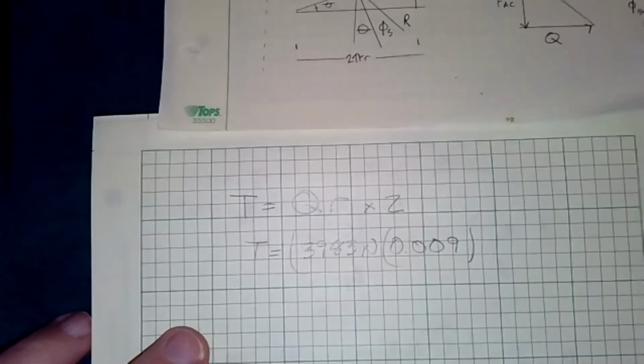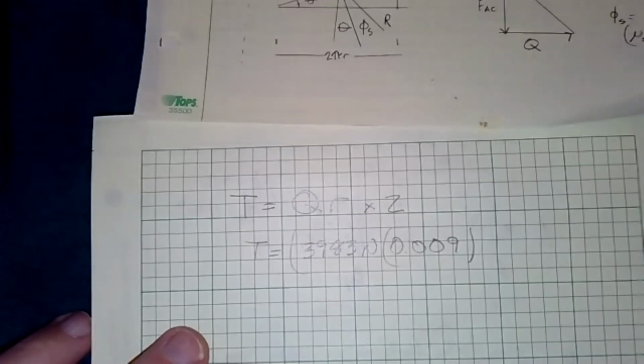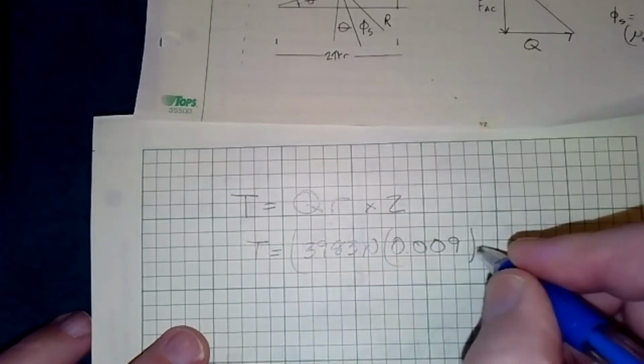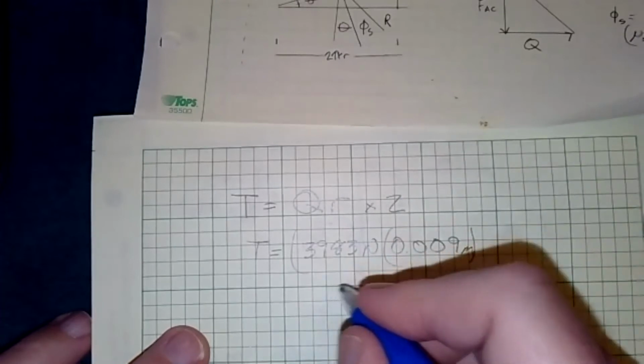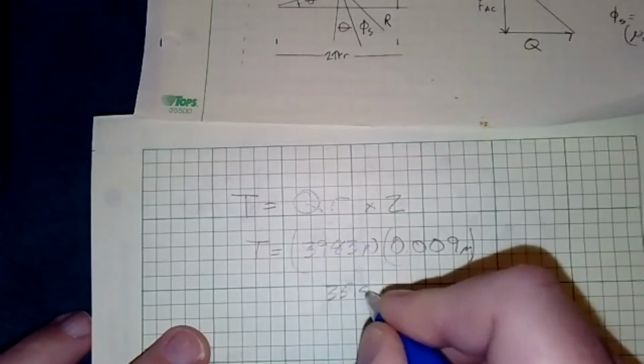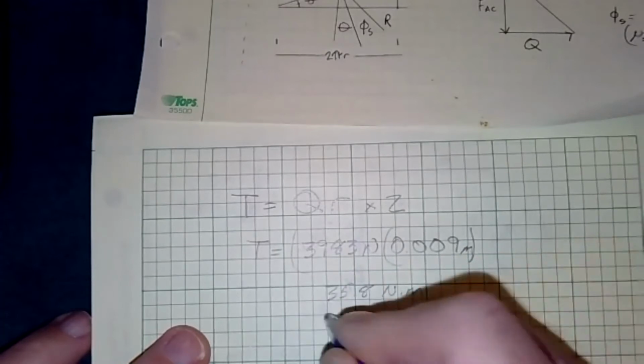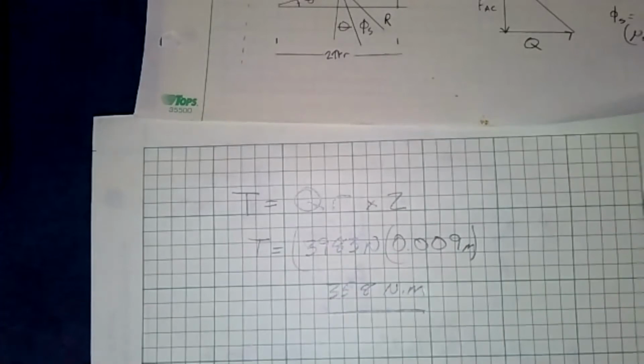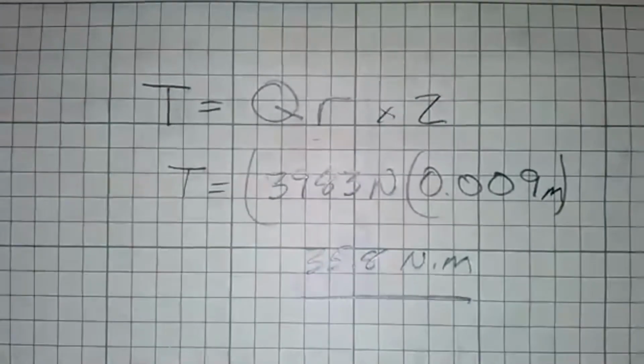We were given initially that the diameter was 9, and we wanted this in meters because we wanted Newton meters. So we end up with a torque of 35.8 Newton meters. So that's what it takes to rotate that.